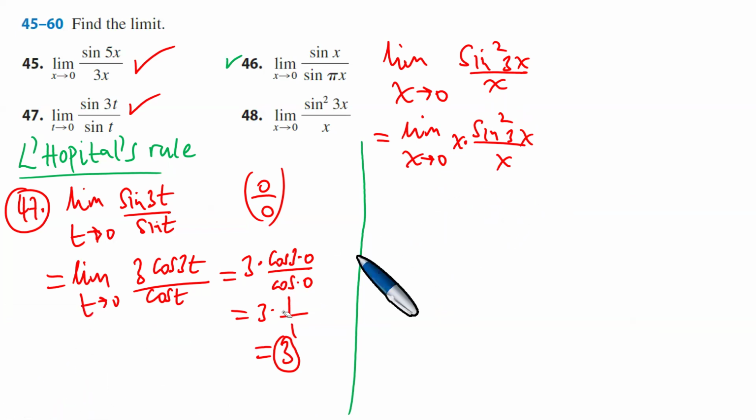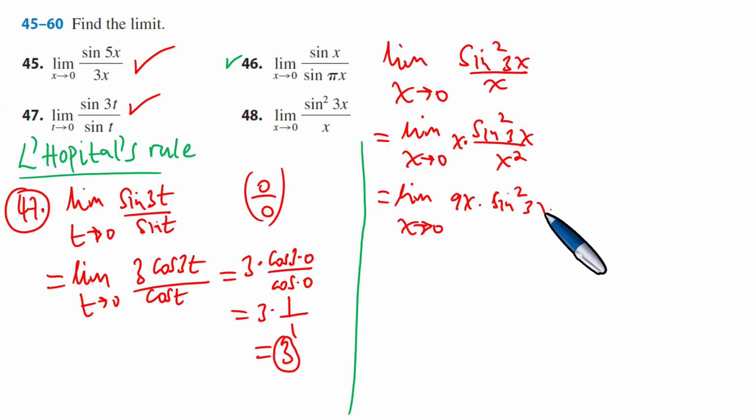Then you can have an x squared here, because this x squared cancels and you still have x there. There are many ways to do it, but this is a bit tricky. Now you can write this as 9x squared.